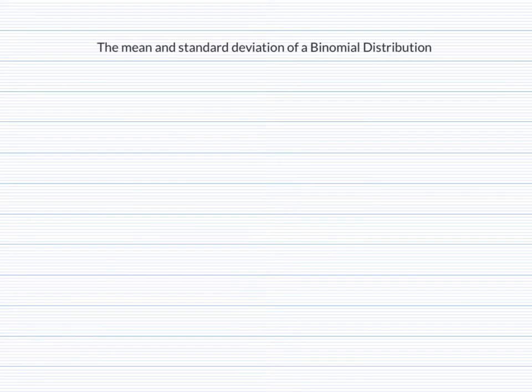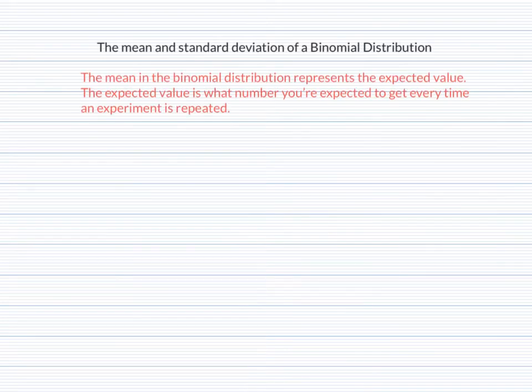All right, the last thing I want to take a look at is the mean and the standard deviation of a binomial distribution. Before I go into the formulas, the first thing I want you to know is what the mean actually represents in a binomial distribution. The mean represents the expected value.